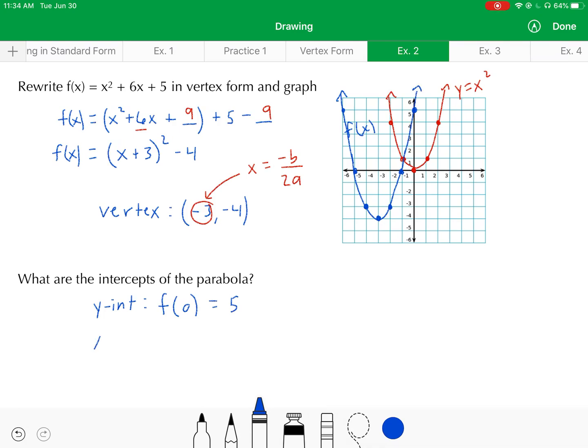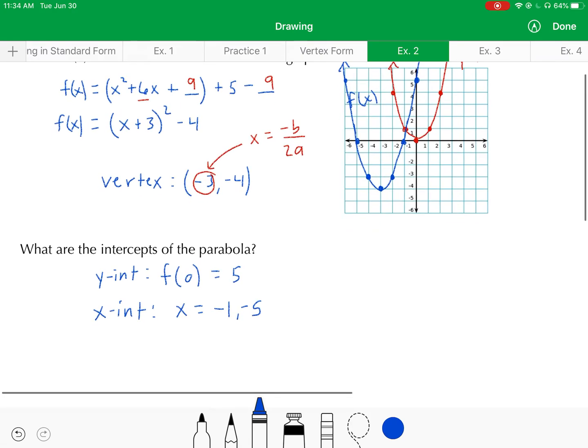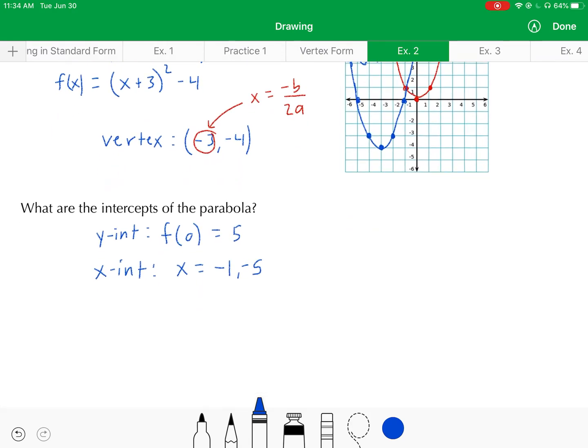Okay, and then how about the x-intercepts? Well, you can see the x-intercepts from the graph are at -1 and -5. Well, algebraically, I could have figured those out by taking my vertex form, setting it equal to 0. So 0 is equal to x plus 3 squared, subtracted by 4. There's a couple ways you can solve that.